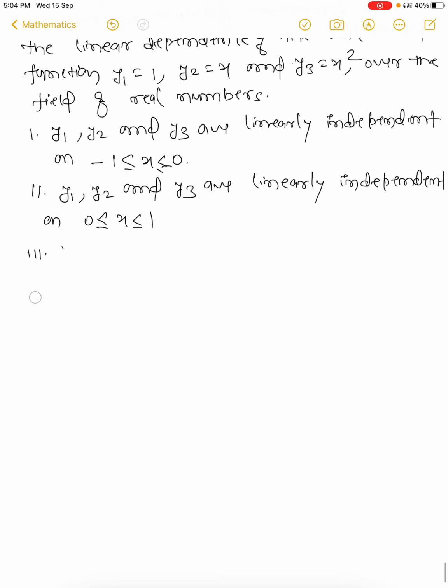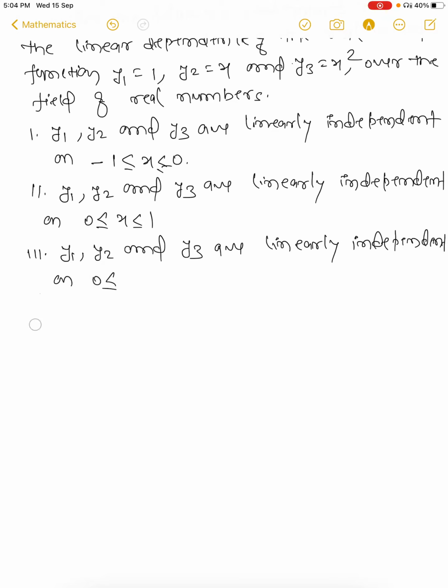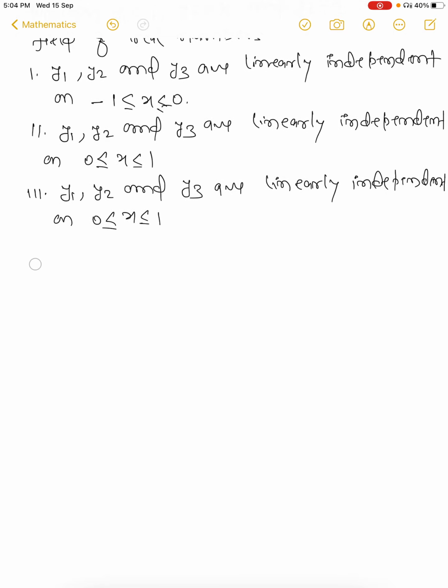Third one: y1, y2 and y3 are linearly independent on x varies from 0 to 1.